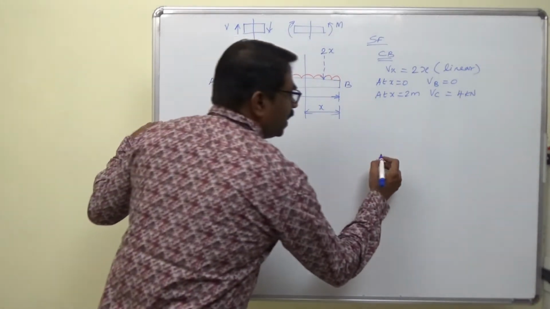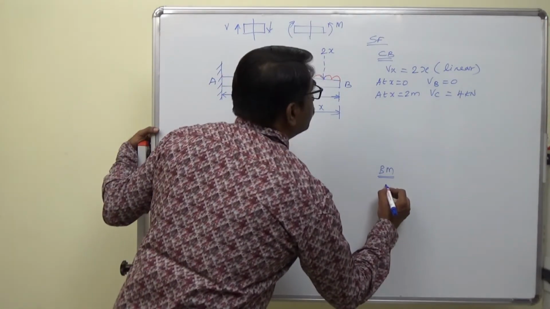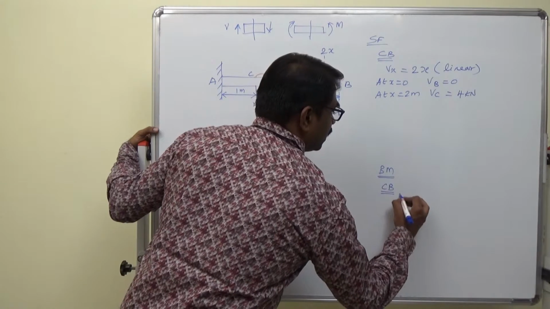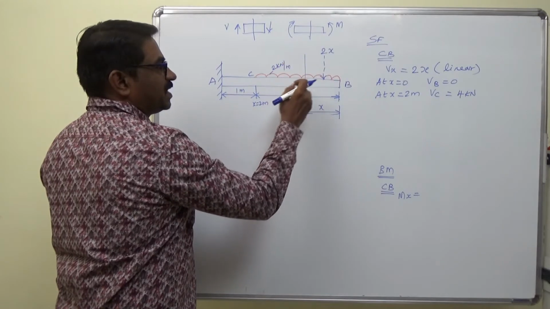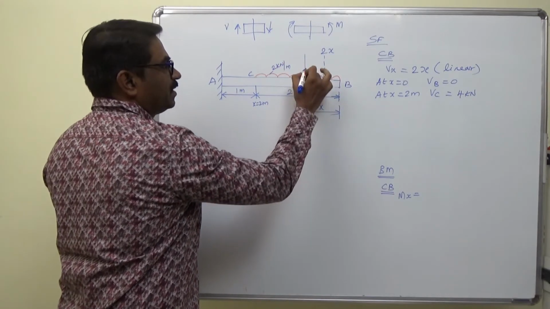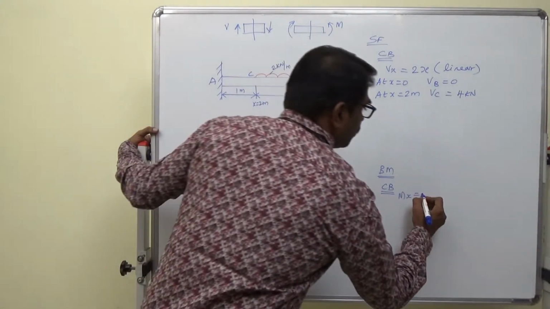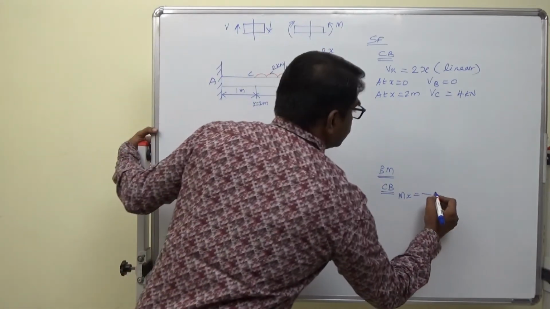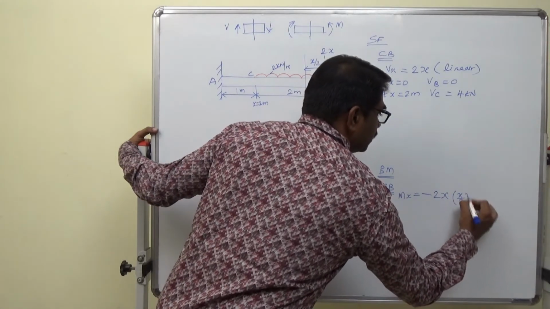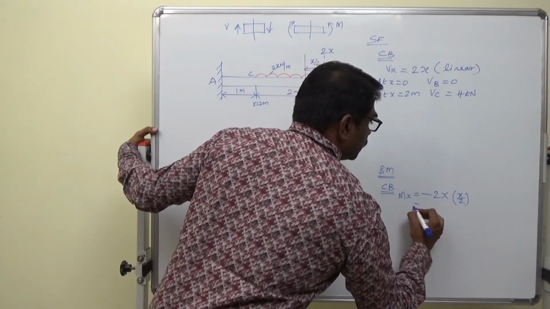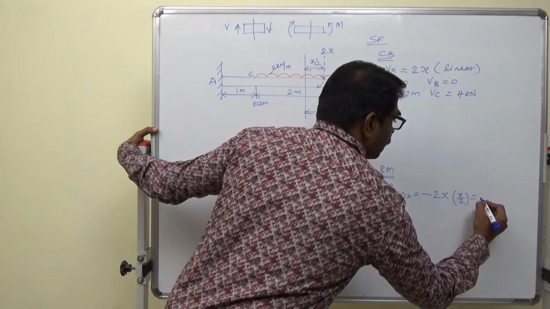Right? Now bending moment. Let me find bending moment also. So in CB section, Mx equal to, this force about the section will produce a clockwise moment. The perpendicular distance is x by 2. So minus 2x into x by 2, so minus 2x square by 2.